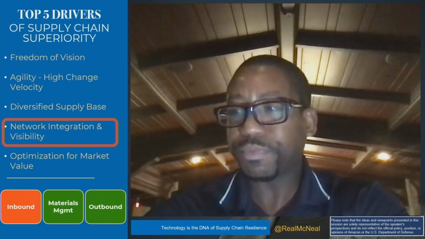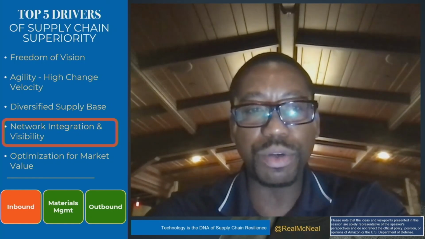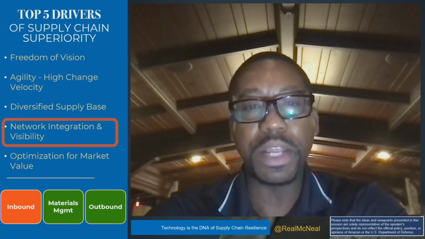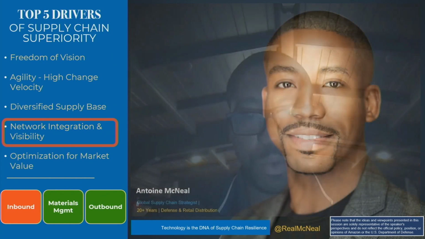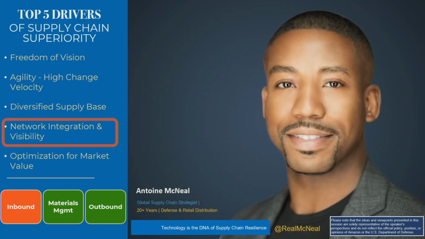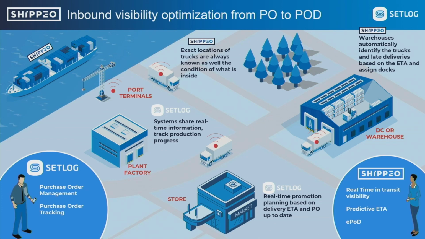And finally, I think it's important to, with that visibility, then you can optimize your network for value. What value? Well, it depends on the market that you're in, but you want to align the interests of all your firms in the supply network so that the company can optimize the performance of your supply chain in the ways that it matters to you.